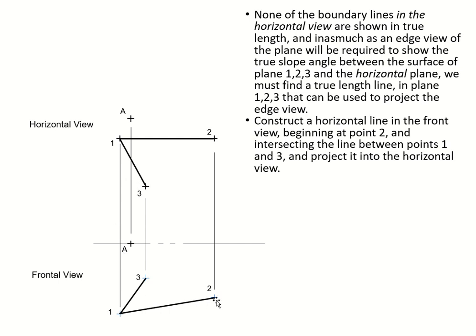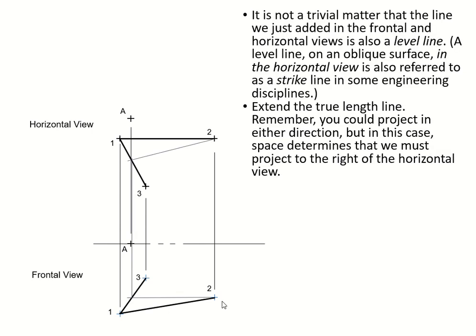So draw from here to there and project it to the horizontal view. Line from point 2 to line 1, 3, project it into the horizontal view. So we got this, okay, and this is just a projector line.